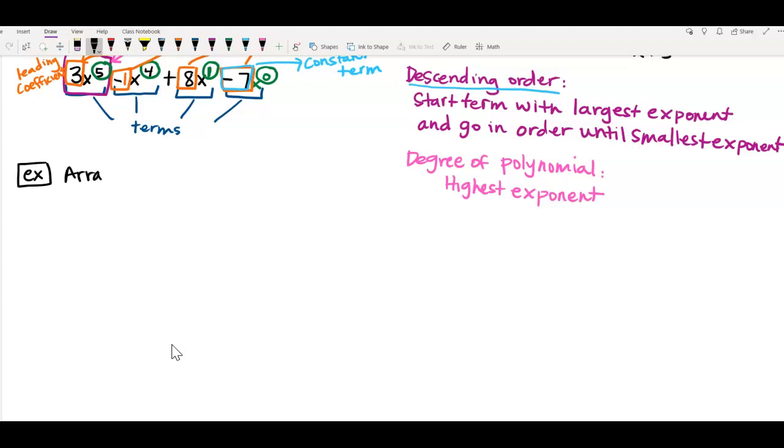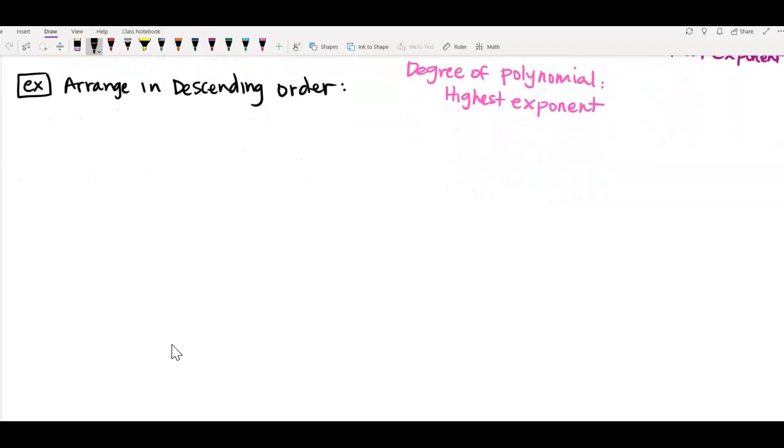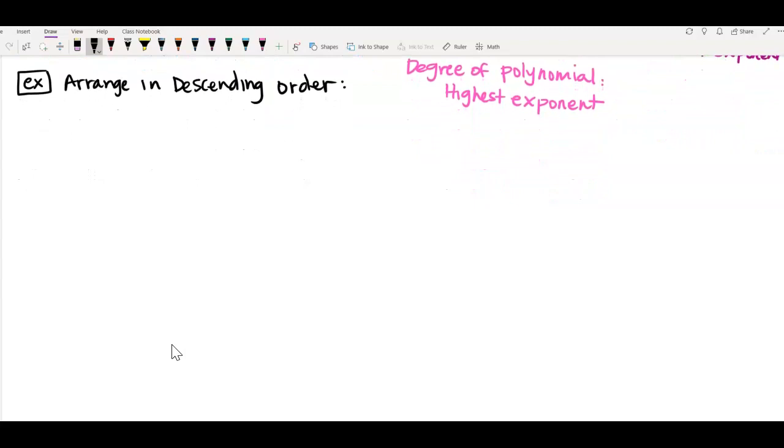So you're going to arrange in descending order first, and then I'm going to ask you some questions underneath here after you have put it in descending order. Okay, so here is our polynomial.